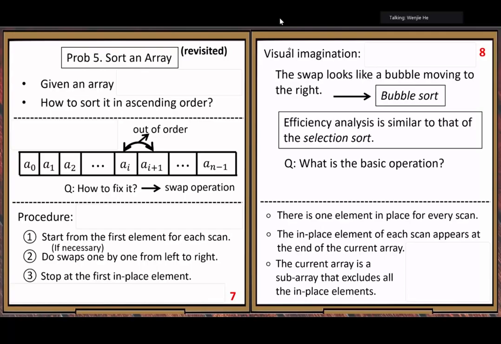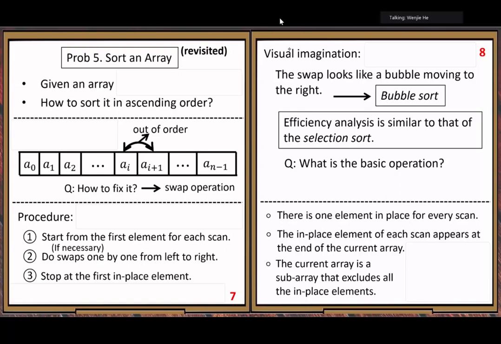What's the basic operation? The last question. Here we have a concept called a basic operation. Here we have two operations, one comparison, another swap, right? Two different operations. Which one should we treat as the basic operation?